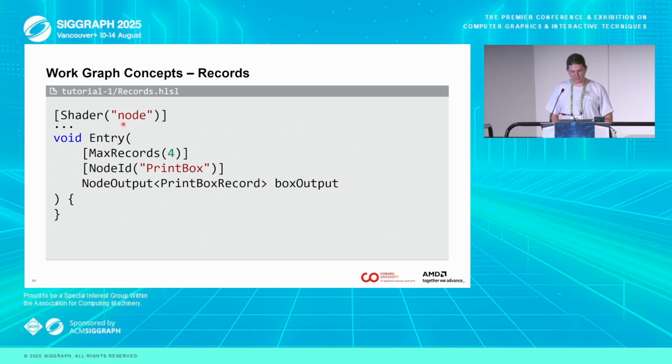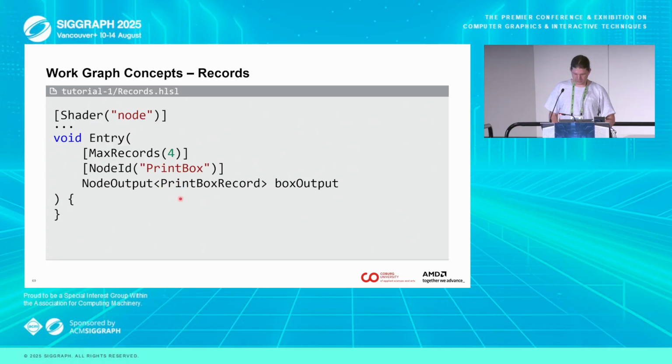So we have our entry node here, and we must specify essentially 3 things in our entry node when we want to output records. First of all, we must specify that the entry node can emit such records, and we do this by the NodeOutput. And we have this little angle bracket template type argument where we put the record type that we just defined.